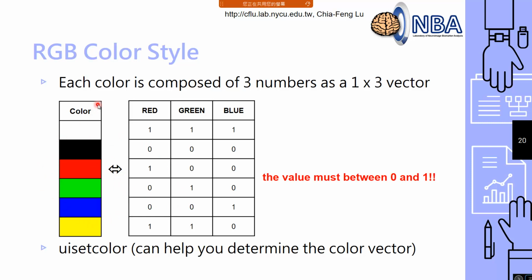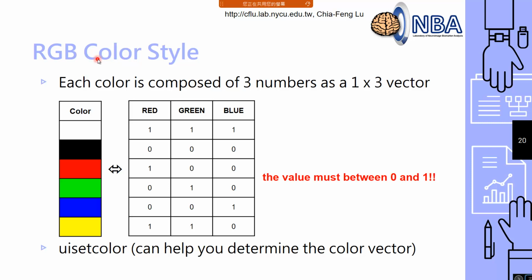But right now, I need you to learn a new concept about color. How can we really determine the color? In MATLAB, we commonly use this kind of idea, the RGB vector. R represents red, G represents green, and finally B represents blue, okay?